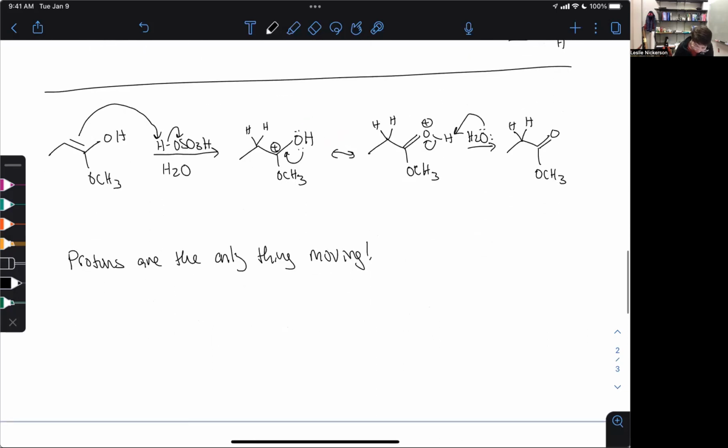So when we're looking at an enol, you can really think about the fact that you can start off by drawing a resonance structure right off the bat to make it look closer to its carbonyl form.